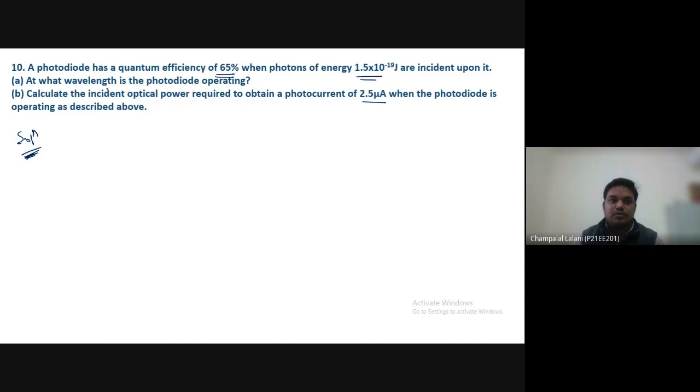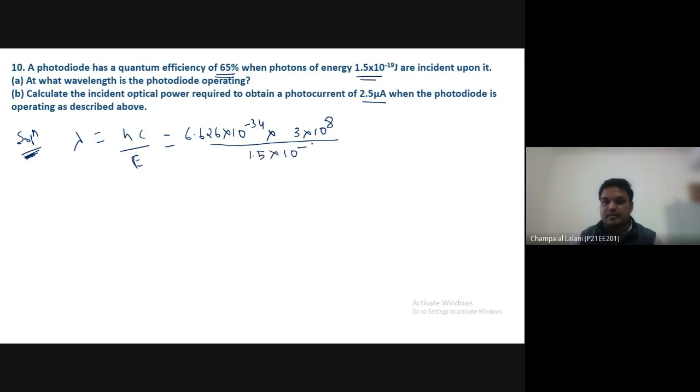So you know that the wavelength lambda is hc by E. If you put all the values, it's like 6.626 into 10 to the power minus 34 into 3 into 10 to the power 8, divided by E, which is 1.5 into 10 to the power minus 19.